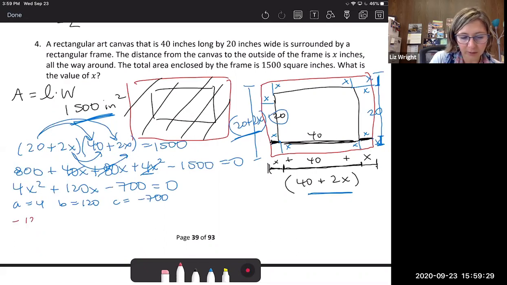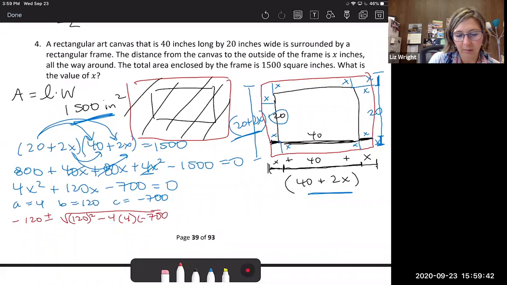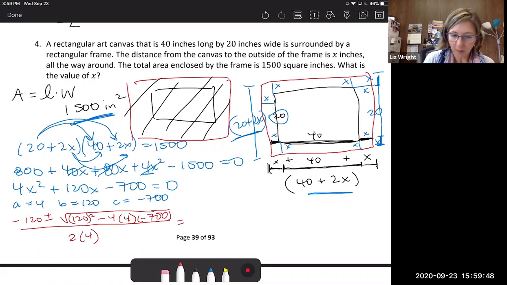So I'm really going to have to squeeze some things in here, but here we go. I'm going to do negative 120 plus or minus the square root of 120 squared minus 4 times my A times my C, all over 2A. And so our 120 squared, I'm going to try to squeeze it in through here.